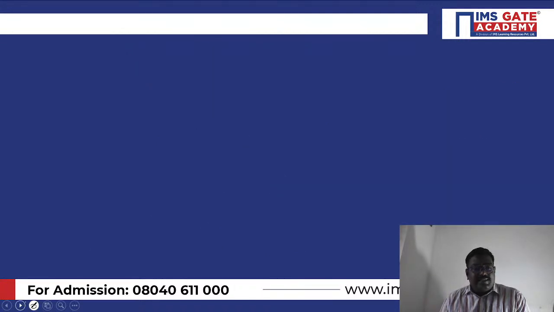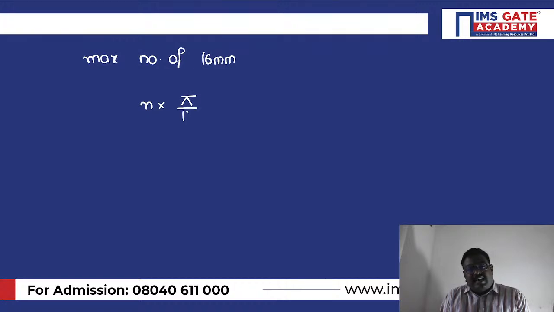Now, he has asked in the problem to calculate the maximum number of 16 mm dia bars. Here, can I take n into pi by 4 into 16 square, because the dia of the bar is 16, equal to Ast limiting, that is 1142 mm square.